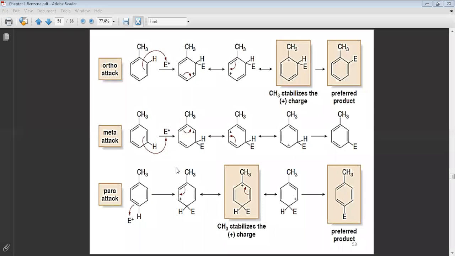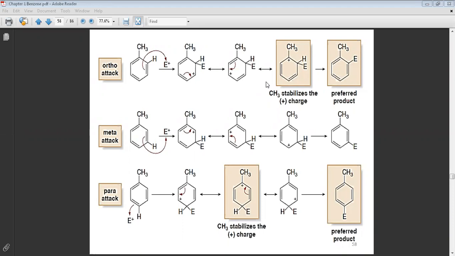Now, for this reason, meta is not preferred for the alkyl group. Why? Because there is no stable resonance structure. Ortho and para are preferred because one of the resonance structures is more stable than the others. For this reason, the attack will be on the ortho and para positions.